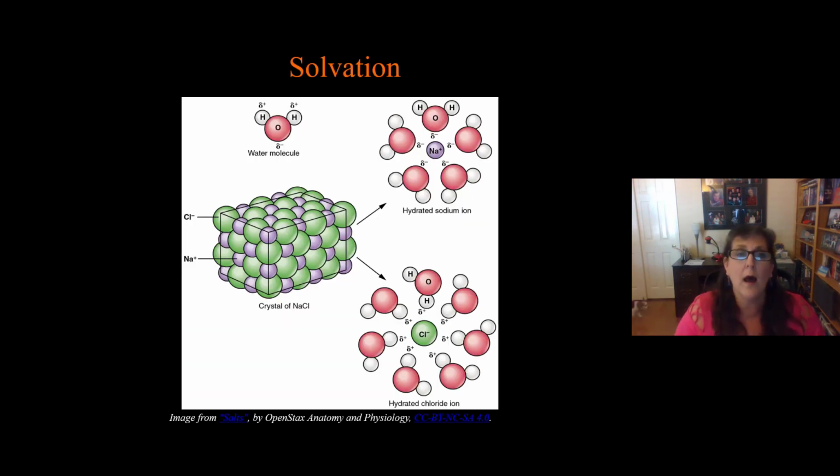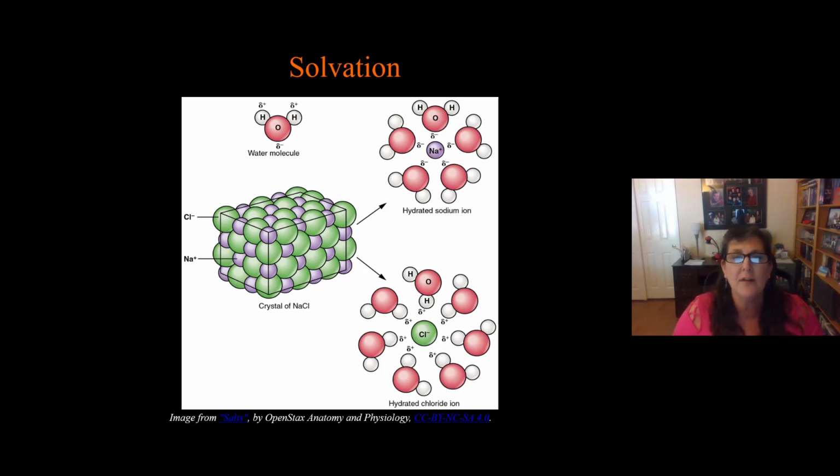Now let's show again sodium chloride, NaCl. It dissolves in water. When it does that, the sodiums up on top have the oxygens pointing in. We just saw that on the previous slide. And now in the bottom picture here, we have the Cl minuses. What's going to point in towards the Cl minus ion? Not the O's in water, but the H's in water, because the H's are a little bit positive.